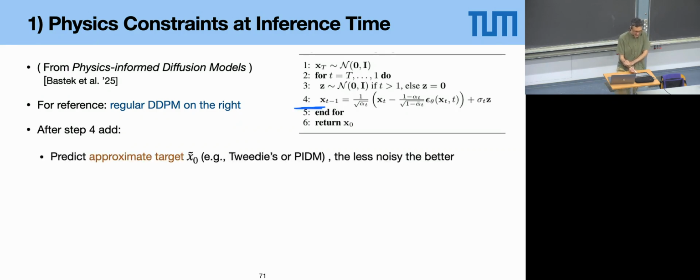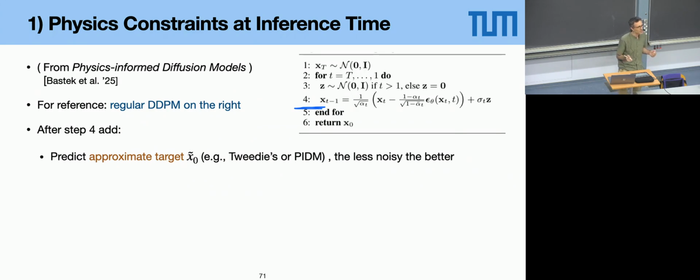What's a necessary ingredient, what I didn't mention before, is it does not work out of the box. You need to actually approximate the target value, right? So the xt minus 1 we have here is potentially, especially if we're looking at a large t, something that's still very noisy.